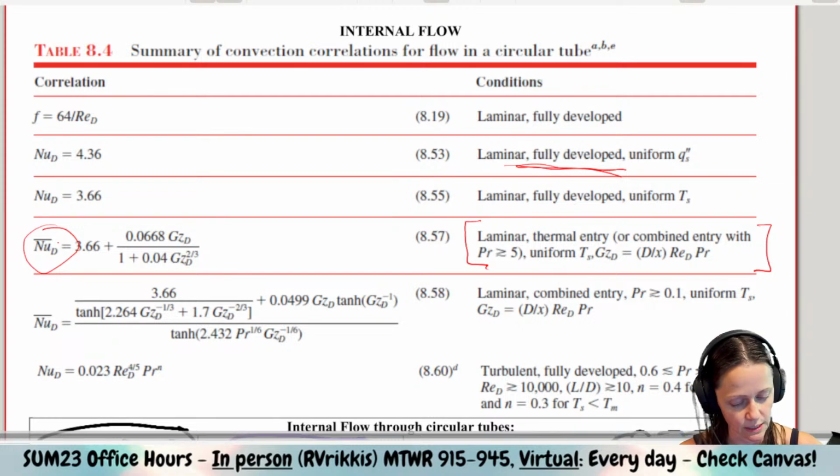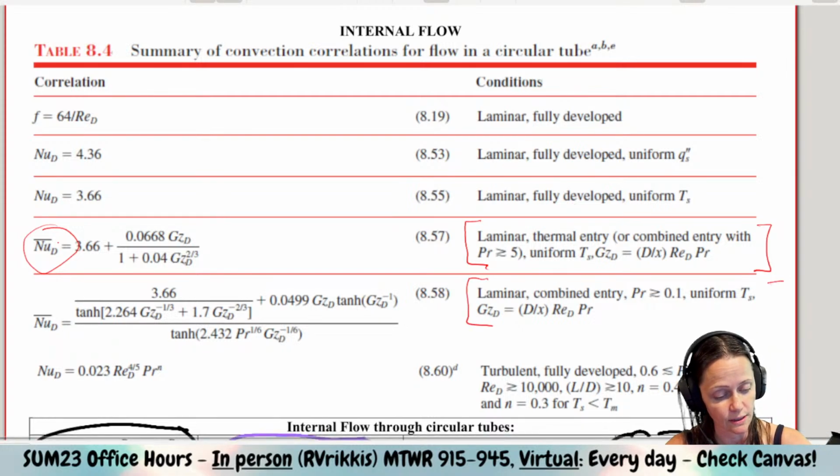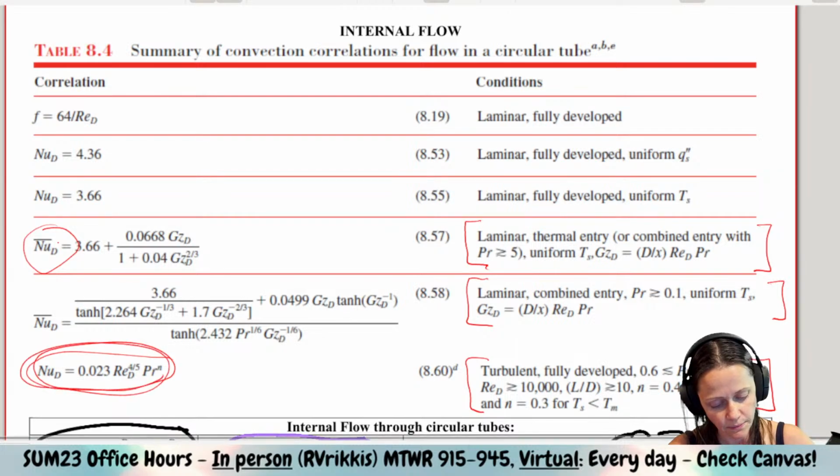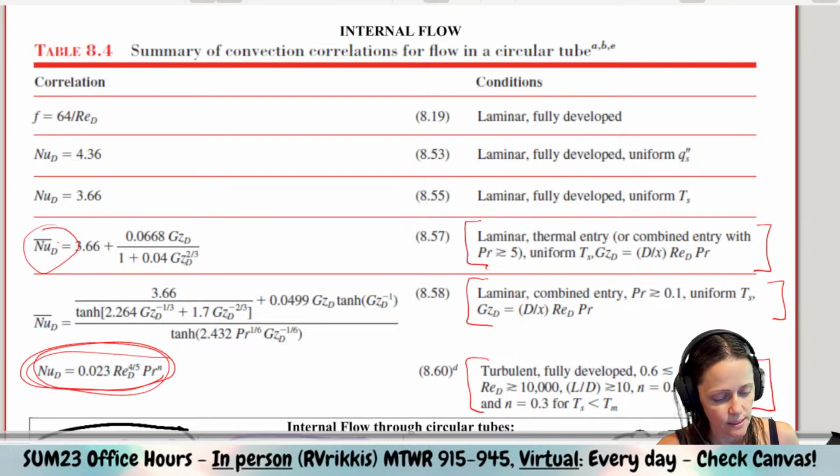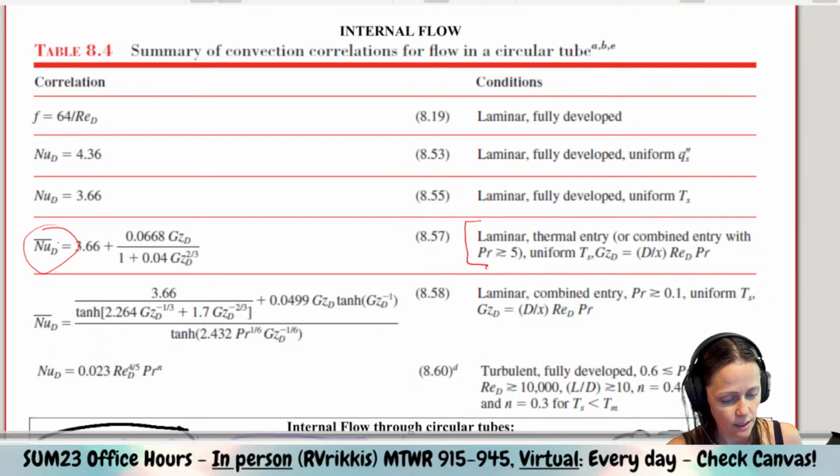You just have to look at the conditions that those relationships are telling you. So for example, down here, it says it's fully developed. That takes into consideration that, yes, there was a region of developing flow. So they are separate evaluations. Yes, so if it says it is, it is.